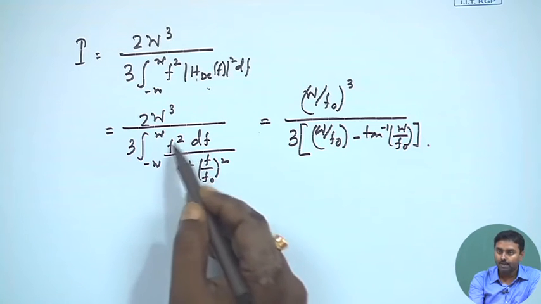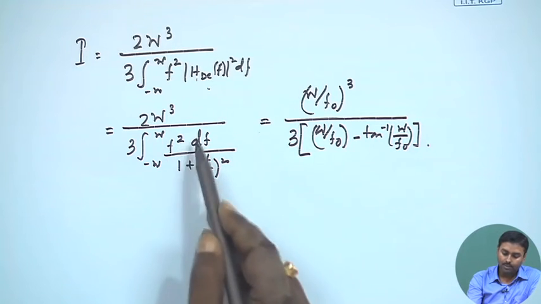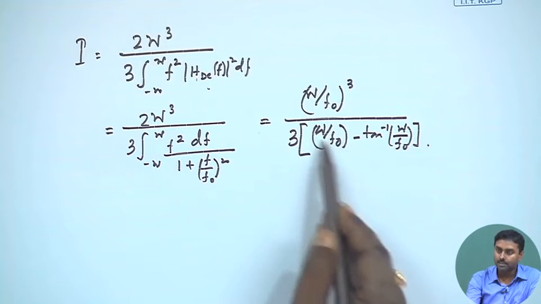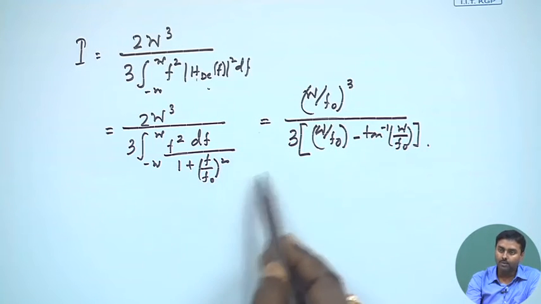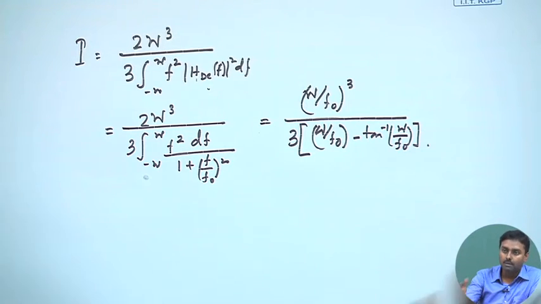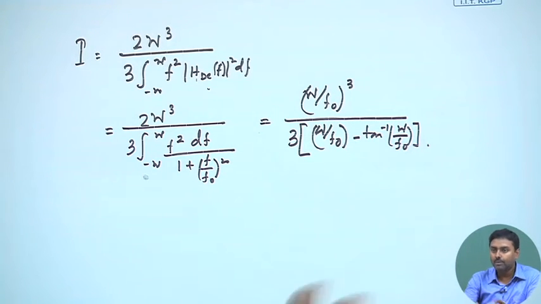So this will become F0 minus f, and then this plus 1 minus 1, so this plus 1 gets cancelled. So this will be just the df integration, which gives you this, minus 1 by 1 plus f by f0. You substitute f by f0 with some variable, and then it will be just tan inverse of this. That we know already, a simple method of doing it.